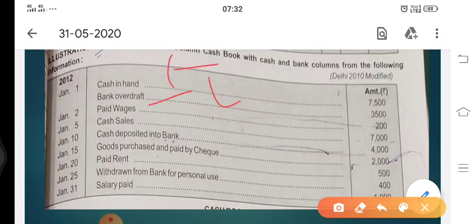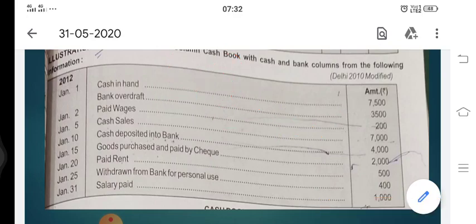It is the negative balance that lies with the bank and which you are liable to pay. Got it, students? So technically we can say that since it's a liability, it will always have which balance? It will always have a credit balance, right, students? Yes.